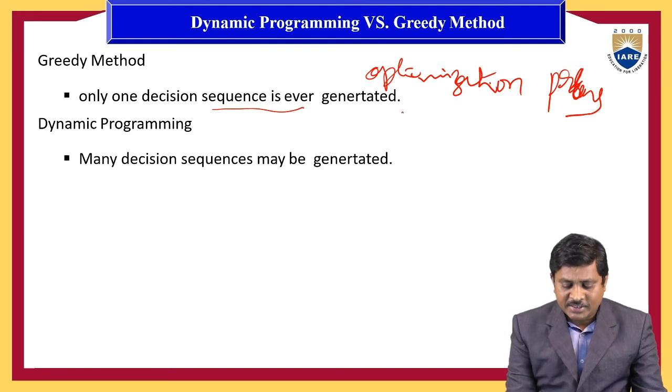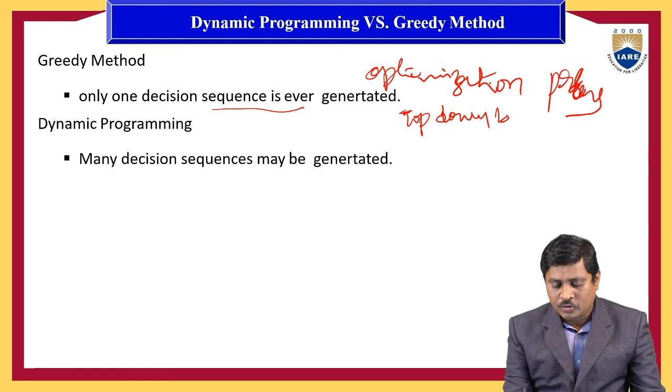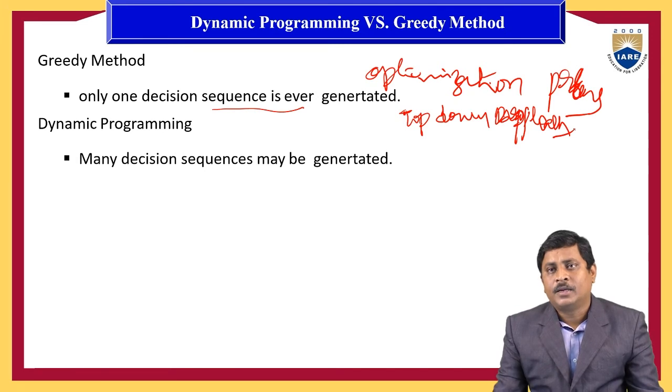The greedy method is a top-down approach. We solve the problem from top to bottom, and finally find the solution of the given optimization problem.